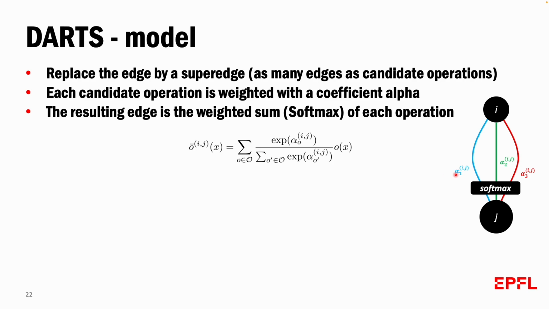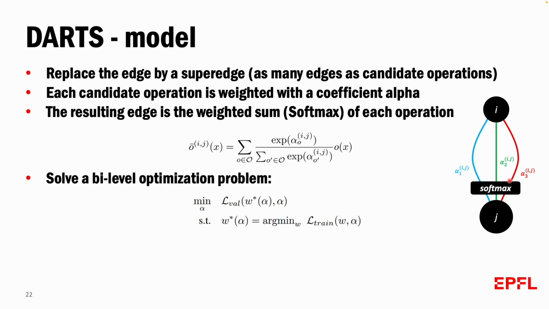How do we optimize them? Well, quite simple. Since we are looking for the architecture, we want to minimize over alpha the validation loss, that is parameterized by alpha, the architecture, and W, that is basically all the weights of the network.